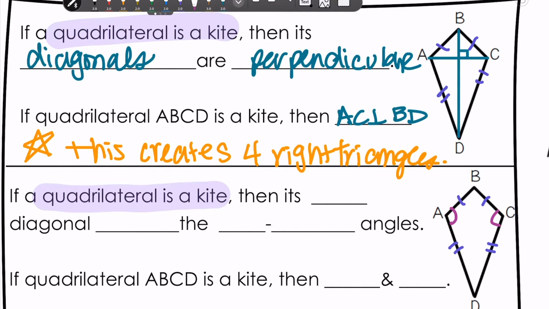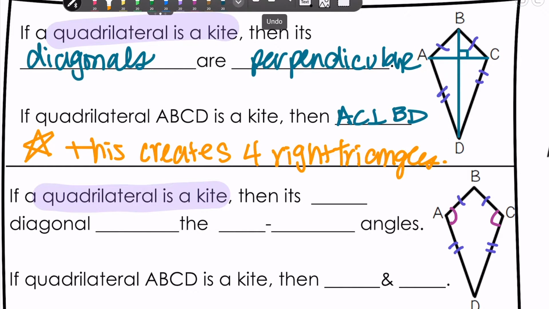Check out this triangle right here from our first theorem because of our right triangles. Those two triangles, triangle BCD and ABD, are side, side, side congruencies, which means because those two triangles are congruent, those angles are going to be congruent.